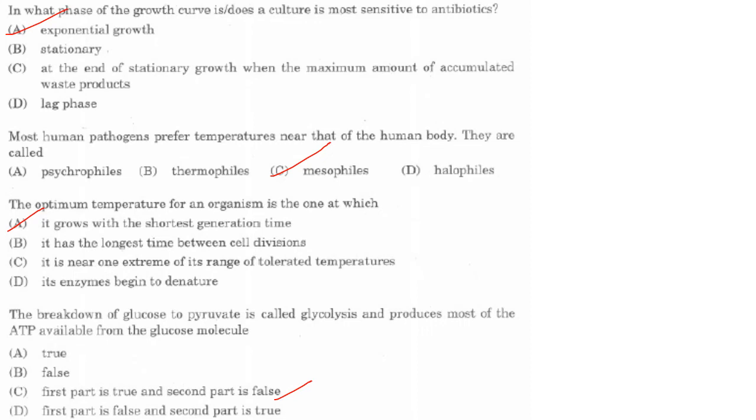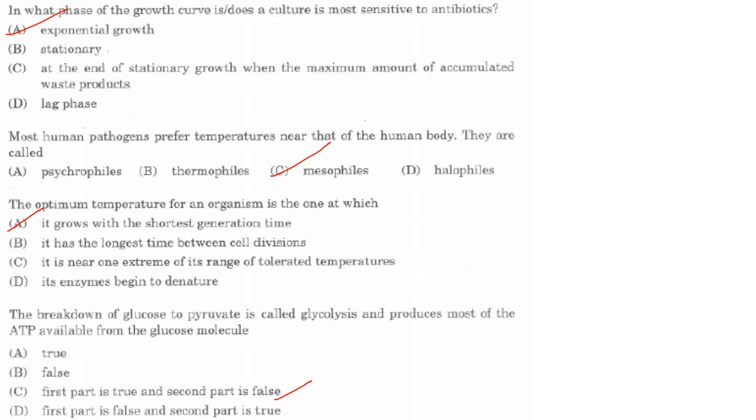Thermophiles thrive at relatively high temperature, and mesophiles are microorganisms which grow at moderate temperature between 20 and 45 degrees Celsius and with an optimum growth temperature in the range of 30 to 39 degrees Celsius. So naturally they prefer temperature near the human body temperature. So most of the pathogens that infect humans are mesophiles. And halophiles are those that thrive in high salt concentration.